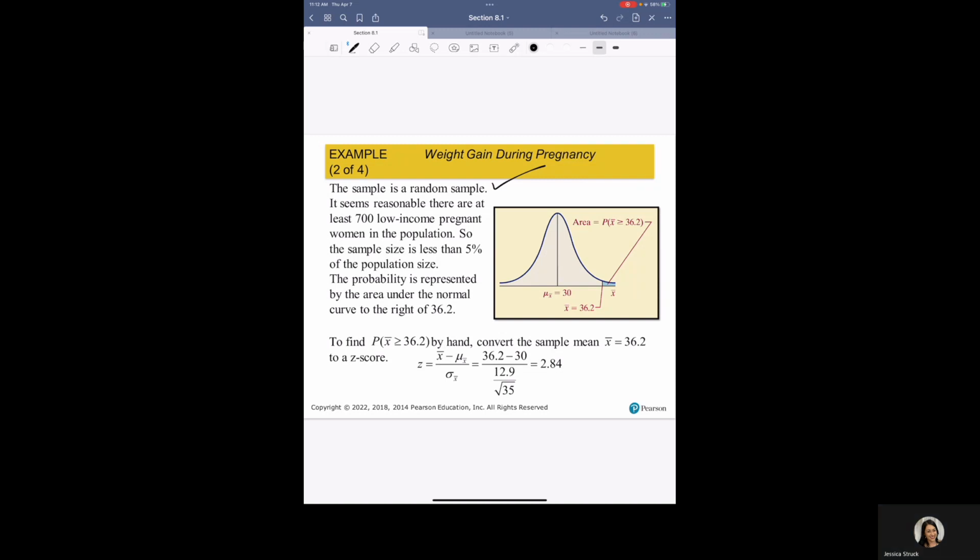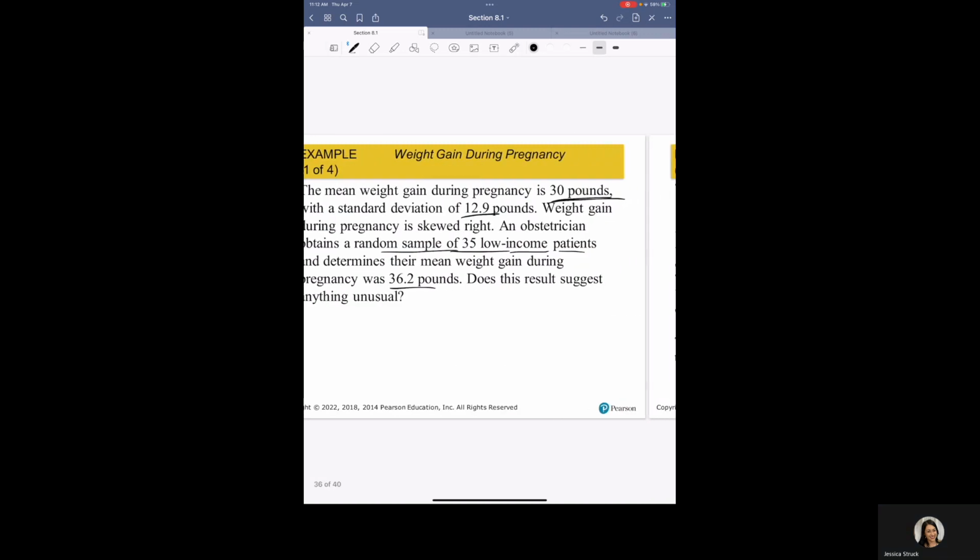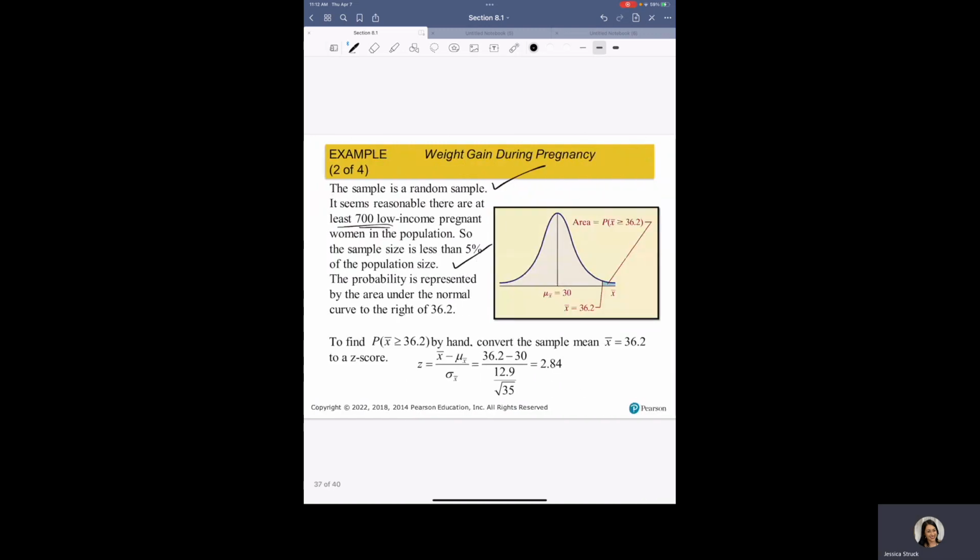Well, we can assume yes, because there are at least about 700 low-income pregnant women in this particular population. These are just assumption check marks that we need to make, because 35 out of 700 is less than 5%.